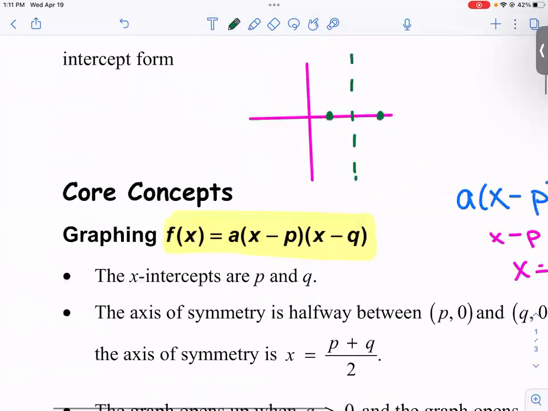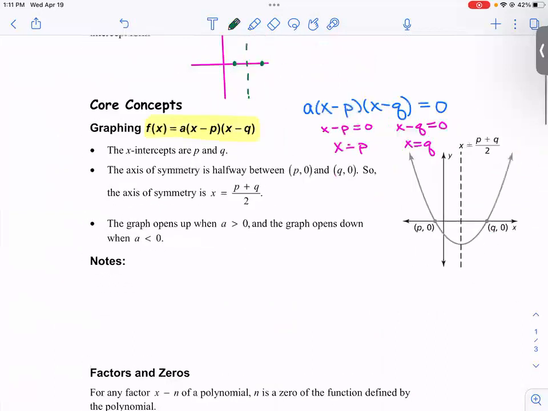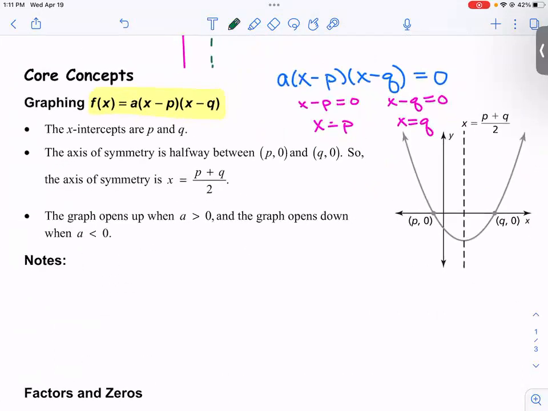So in order to find our vertex, we can take the average of our two zeros. We still know that A affects which direction our graph opens.